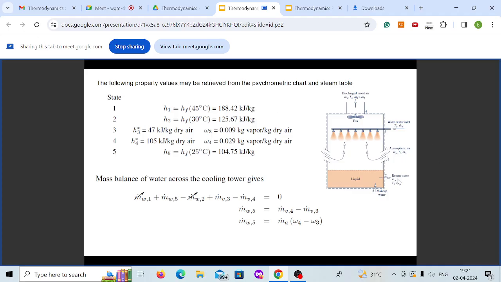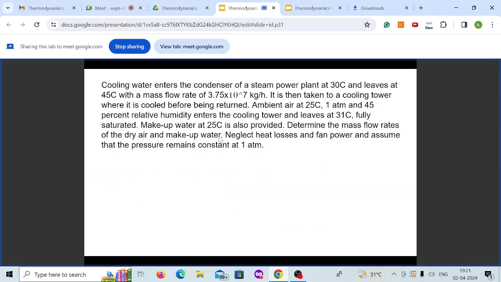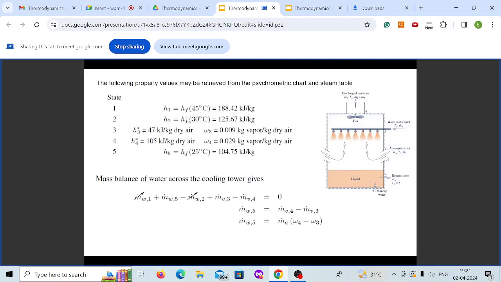Third is your dry air entering, at 47 kilojoule per kg of dry air. Here the air entering is at 25 degrees Celsius and 45% relative humidity. Corresponding to these 2 points from the psychrometric chart, you can find enthalpy as 47 and specific humidity as 0.009 kg of water vapor per kg of dry air.